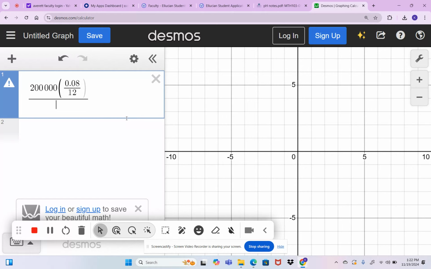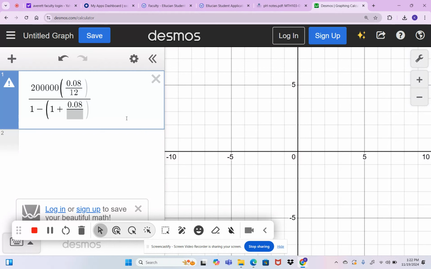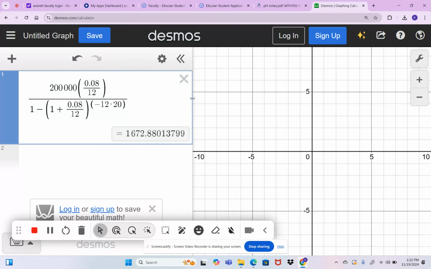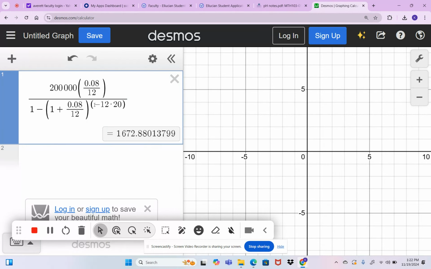Then in the denominator, 1 minus parentheses of 1 plus 0.08 over 12. And you're going to raise that to the negative 12 times 20.